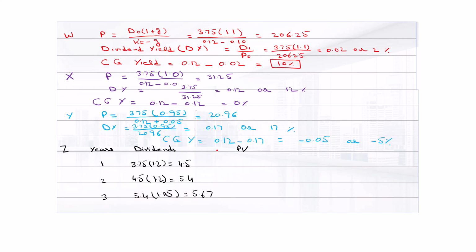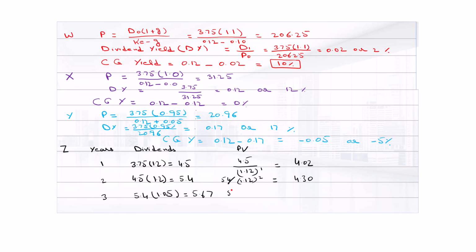If we calculate the present value, 4.5 divided by 1.12, as 12% is the required return, raised to power 1, that is equal to 4.02. Second year, 5.4 divided by 1.12 raised to power 2, and the answer is 4.30.